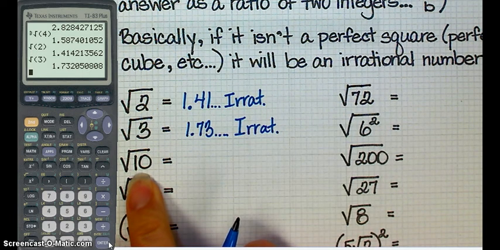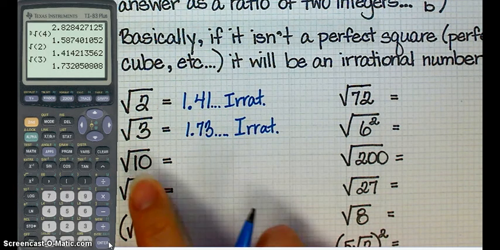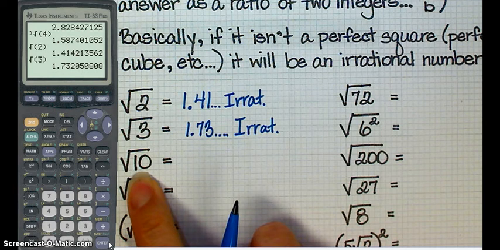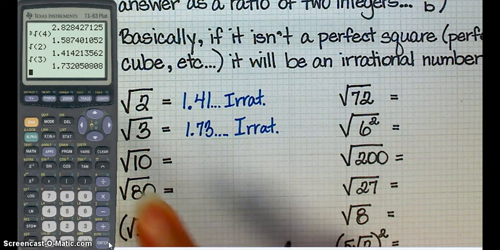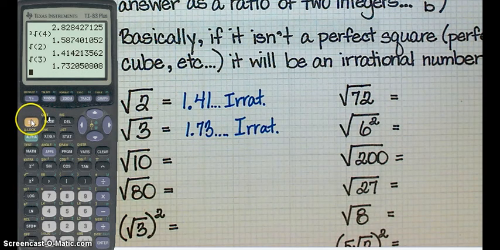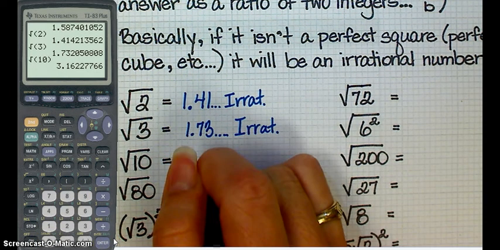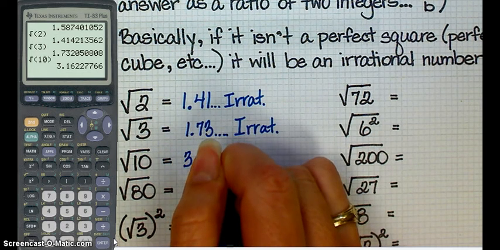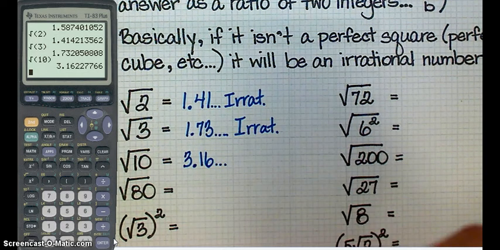10 is going to be irrational. I already know that because 10 is not a perfect square for any number. Like nothing times, I don't have any numbers that say that number times that number gives me a nice even 10. So square root of 10 is 3.16, but again, it doesn't repeat or terminate.